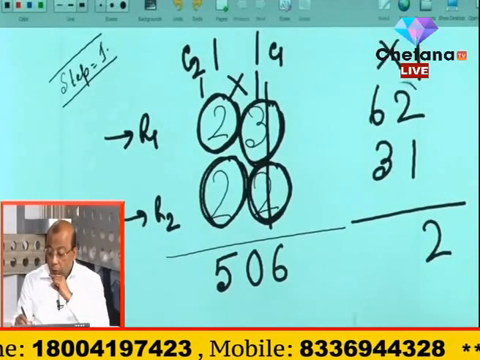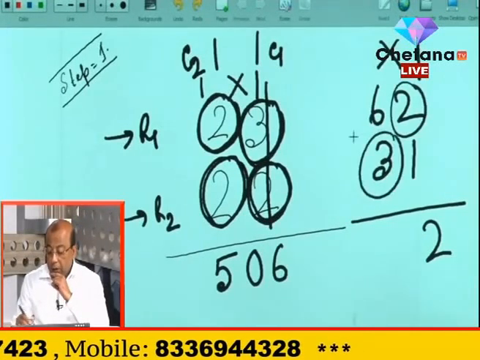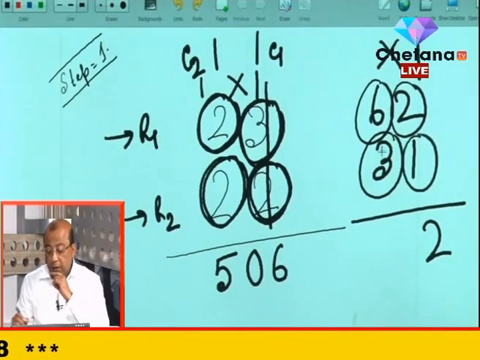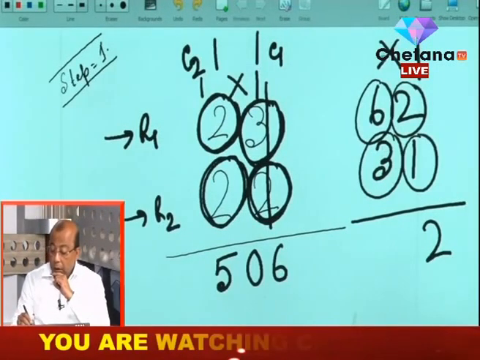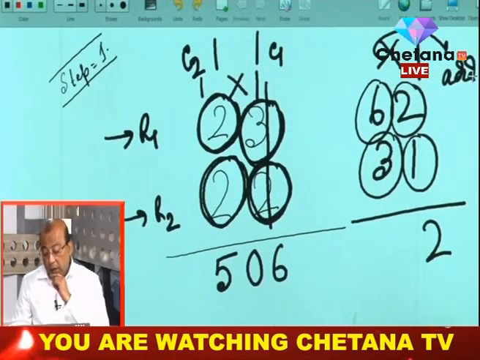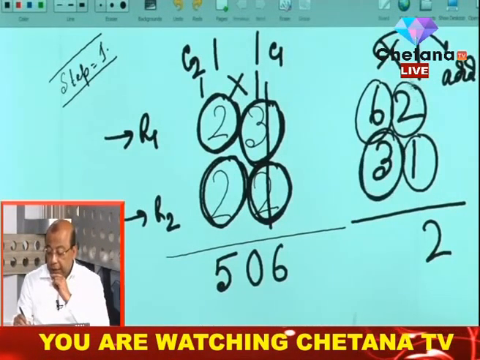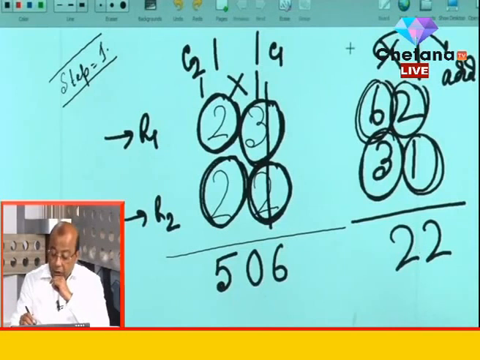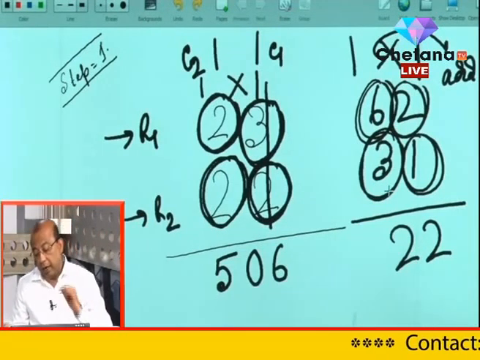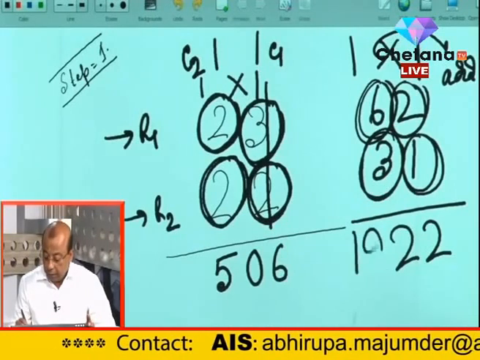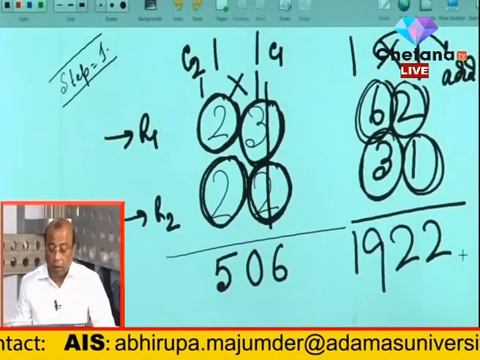That means we multiply diagonally, 3 into 2, 6, and 6 into 1, 6, that is 12, and add. 1 in hand. Again straight: 6 into 3, 18, plus 1, 19. That is my answer.